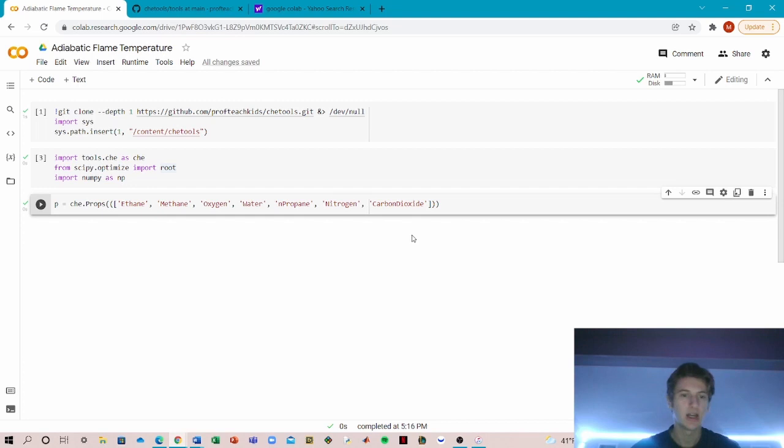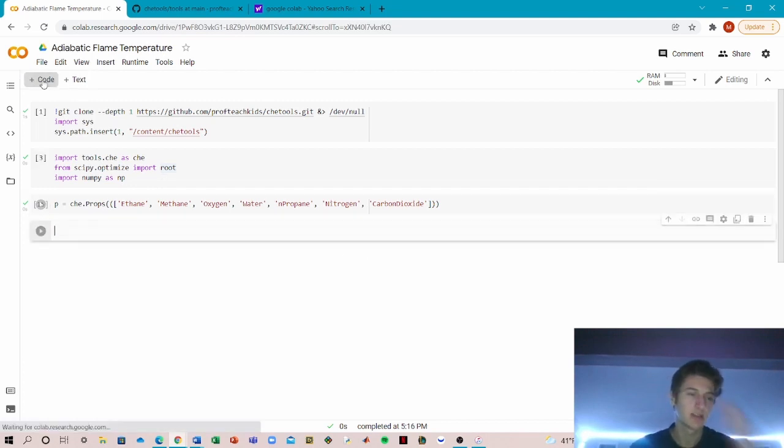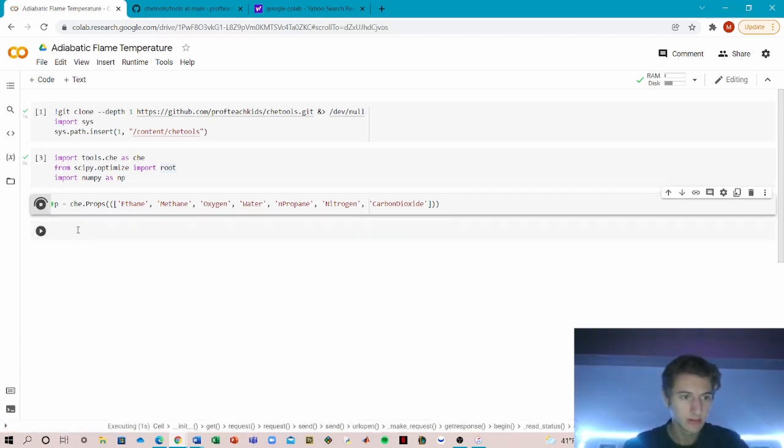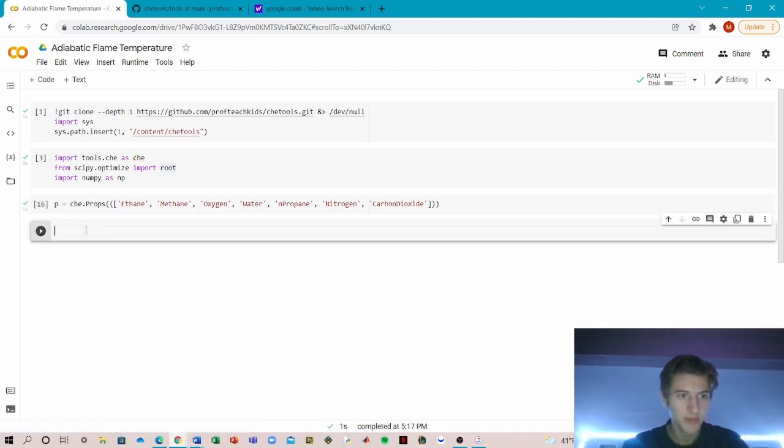So let's use N-propane, nitrogen, and carbon dioxide. Now what we're gonna do is, so we ran that. Okay. So now what we're gonna do is list all the variables and the equations.